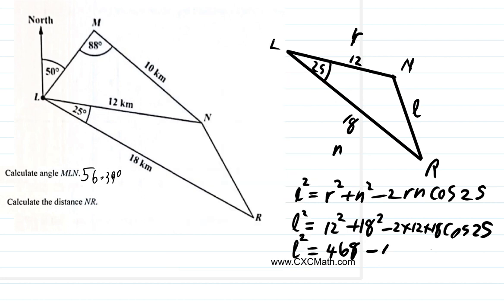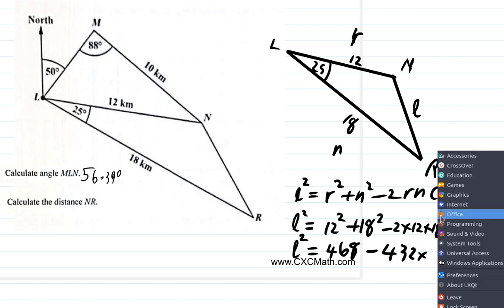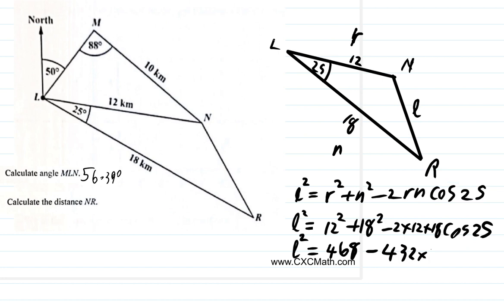It's going to be 432 times the cosine of 25. Let me just write it here as cos 25.